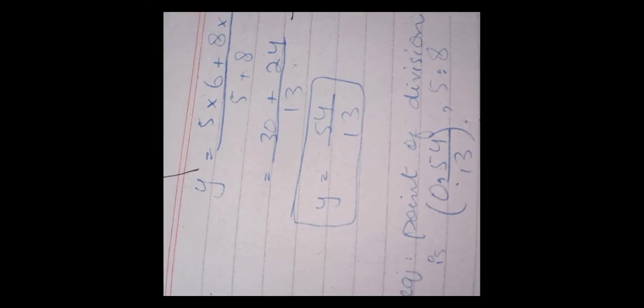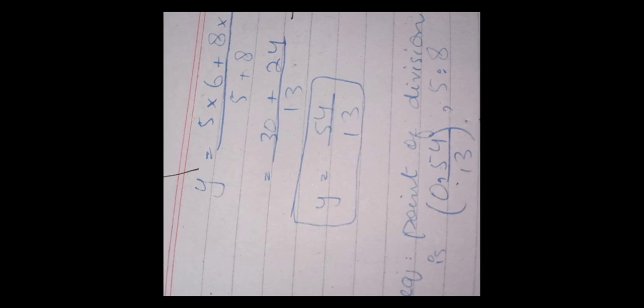And in the x coordinate we already know there is no distance, because the point of division lies on the y-axis. This is the statement given in our question, and it is the key statement. From that statement we recognize that we don't have any x distance, so x will be 0.